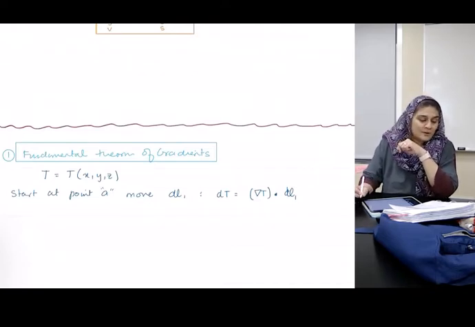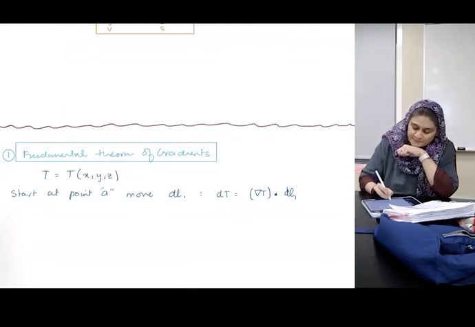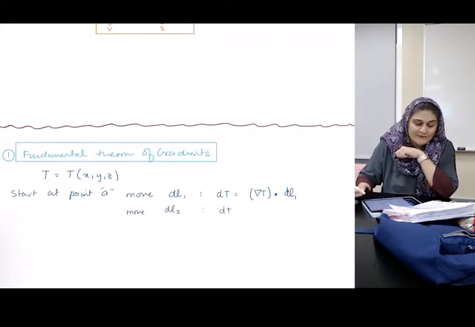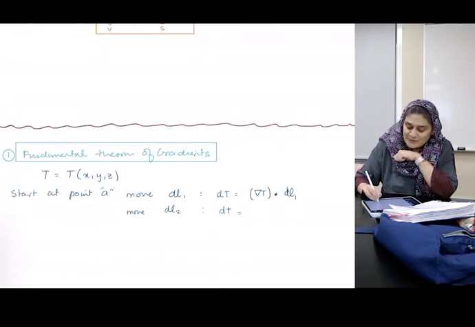Okay. Now, what happens if you move further, dl2? Will that be a small change in delta T? And will that small change be written like this?